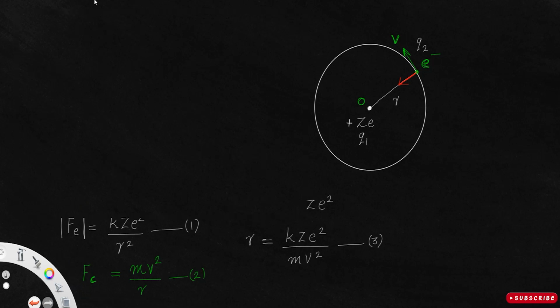From Bohr's quantization principle, this orbit is a stationary orbit because the electrons do not radiate energy.